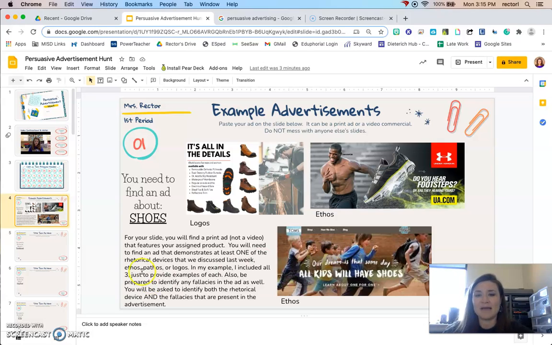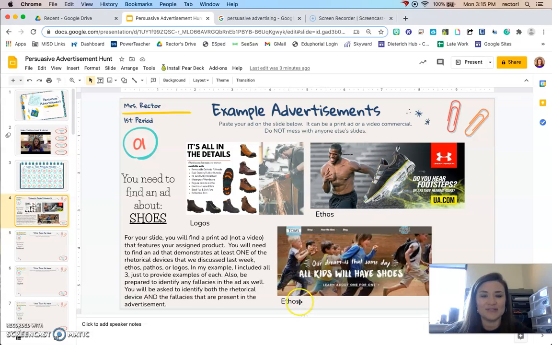What I had to find an example of is an advertisement about shoes. I found one that gives me lots of facts about these shoes that I'm going to buy. So that's logos. I found one that uses Cam Newton. He is an expert in athletic wear, athletic shoes.